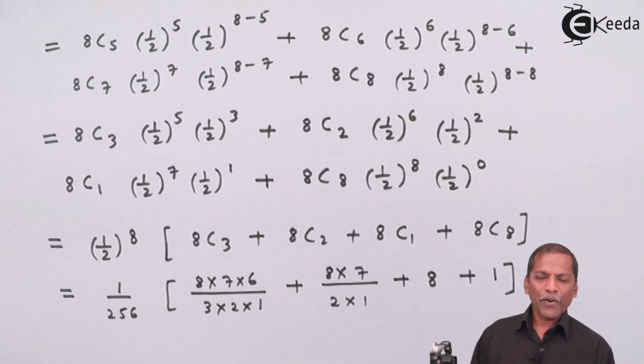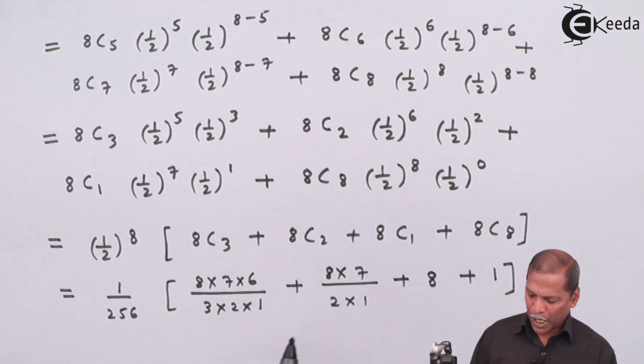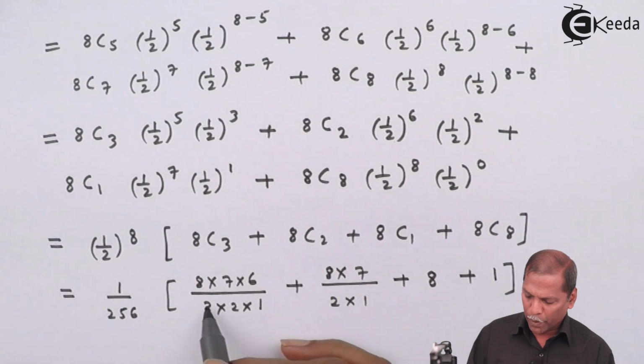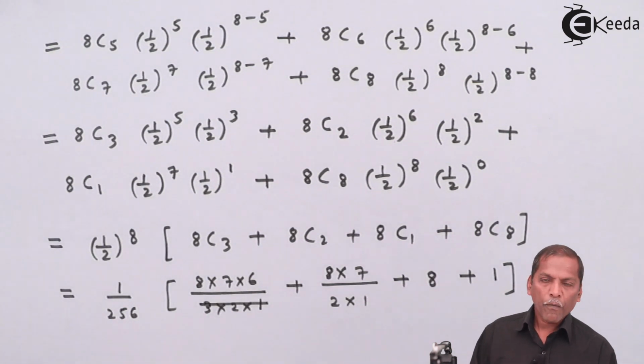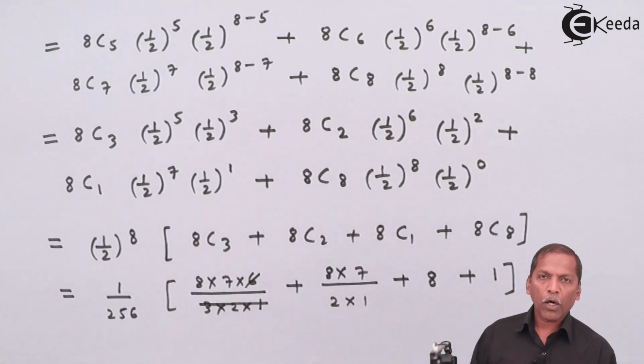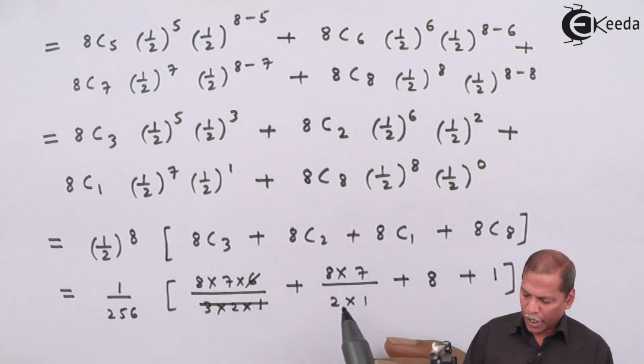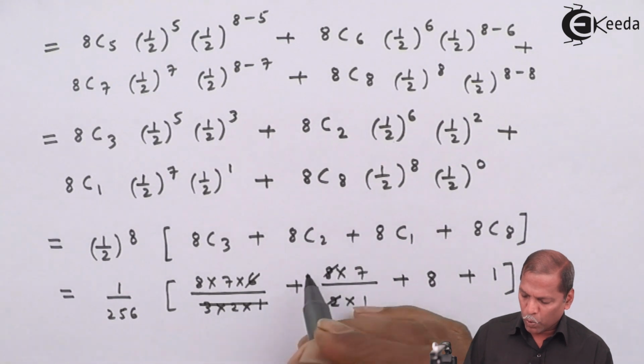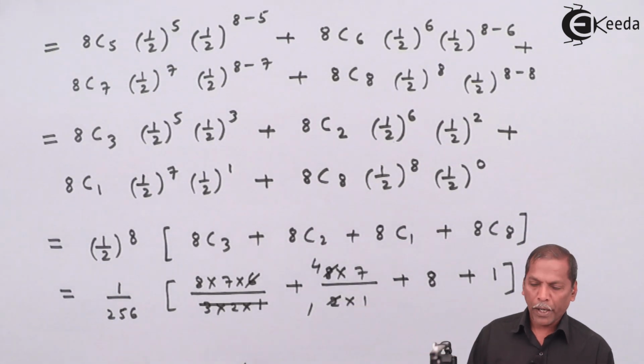Now here we go for cancellation. We cancel 3 twos, multiplication gives 6 from the denominator and at the same time 6 from the numerator. In the second case we have 2 ones are 2 and 2 fours are 8.